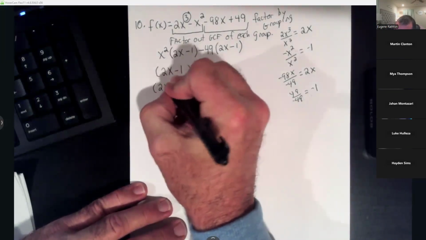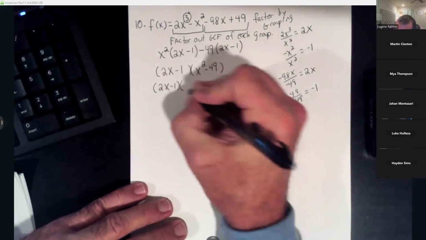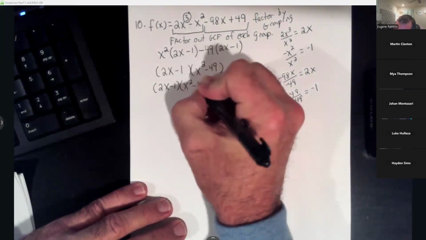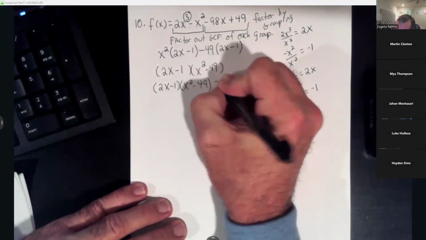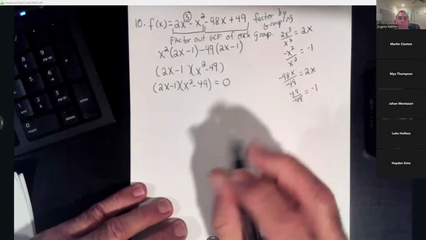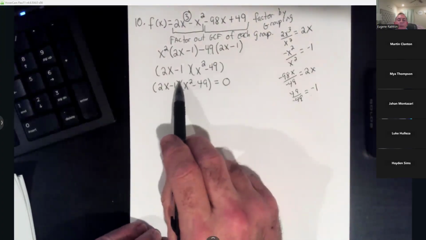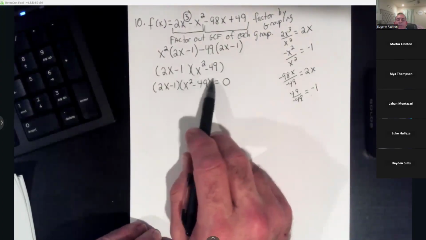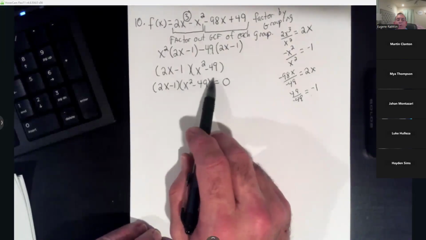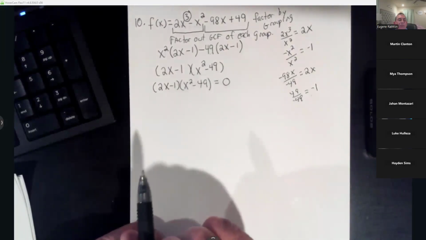So since I'm factored, I'm going to take this whole expression, set it equal to 0. Y'all, once again, there's no exponents on this. So what are y'all putting for the exponents?